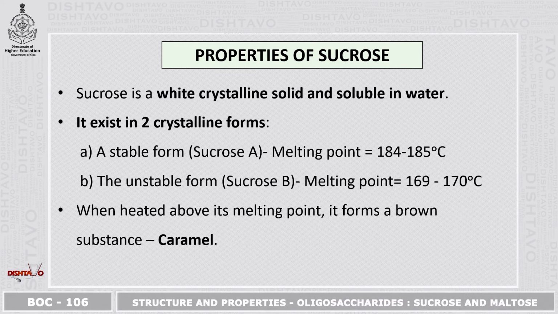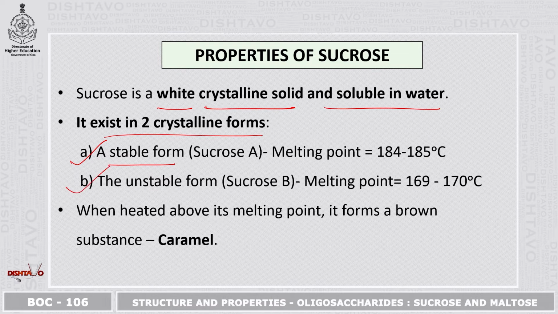Some more properties of sucrose. Sucrose is a white crystalline solid and it is soluble in water. So you can dissolve this sucrose in water. It exists in 2 crystalline forms. Which are the 2 crystalline forms? Number 1, a stable form which is referred to as sucrose A, and its melting point is 184 to 185 degrees centigrade.